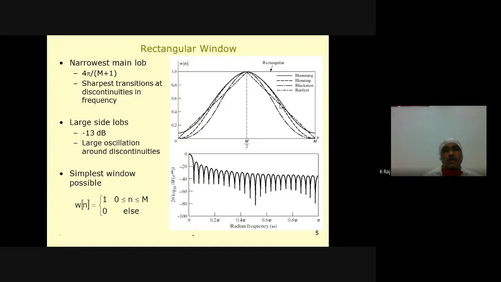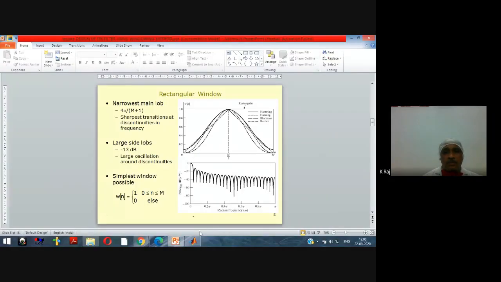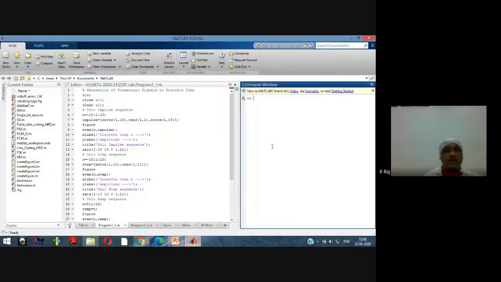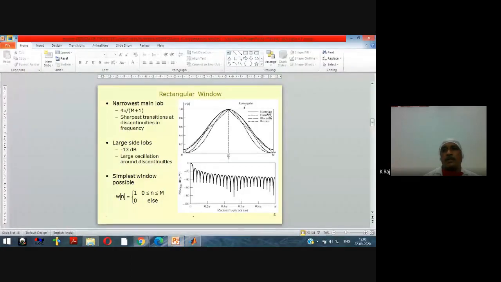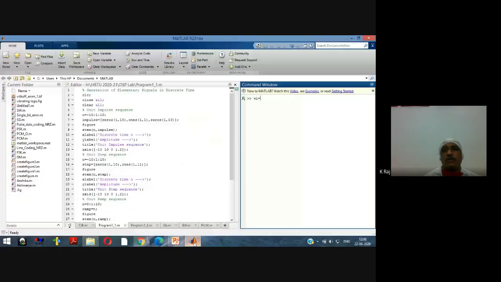And now if we come to MATLAB here, say we define a window W1, and we have to consider the Hamming, Hanning, Blackman, and Bartlett. So W1 is equal to Hamming, and say we consider any value of n, as we have considered 20 in the previous case.